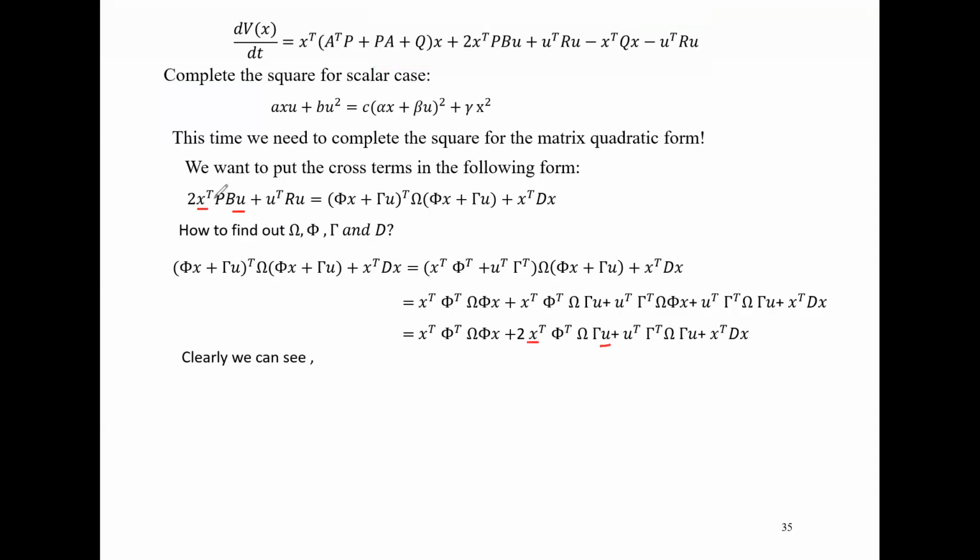We can say this one must be equal to this one. And then, how about u transpose times u? I have this one, so this R should correspond to those. We first get those two equations. Okay, is that clear?